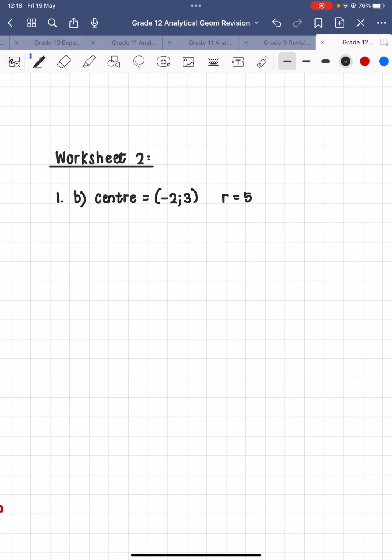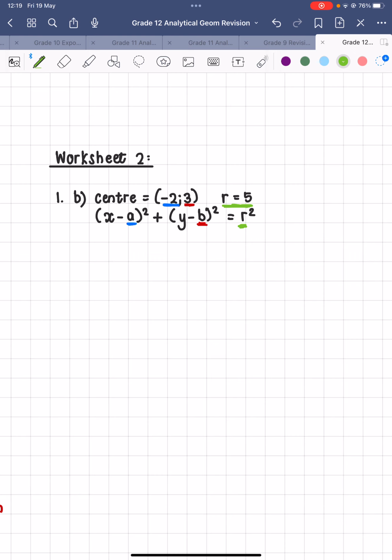Now on our formula sheet, we know that the equation of a circle is (x - a) squared plus (y - b) squared equal to r squared. A is always the x coordinate of the center, b is always the y coordinate of the center, and r is the radius.